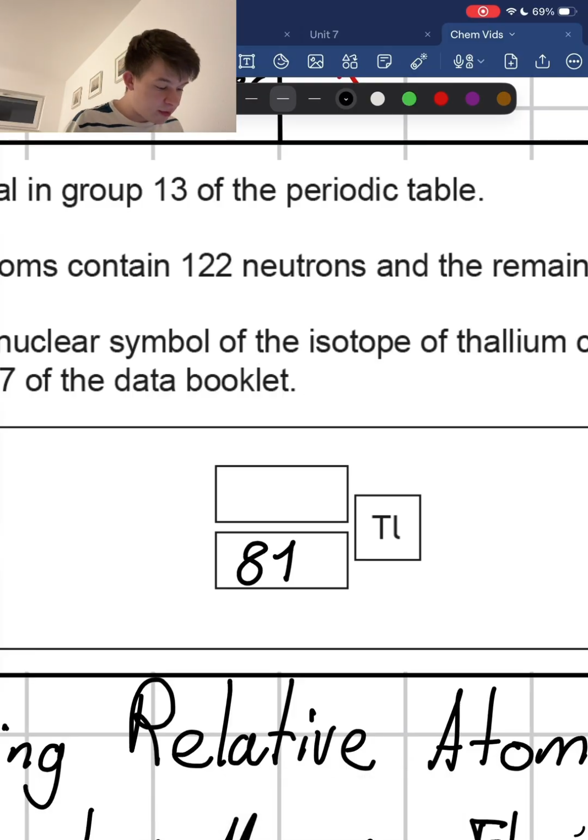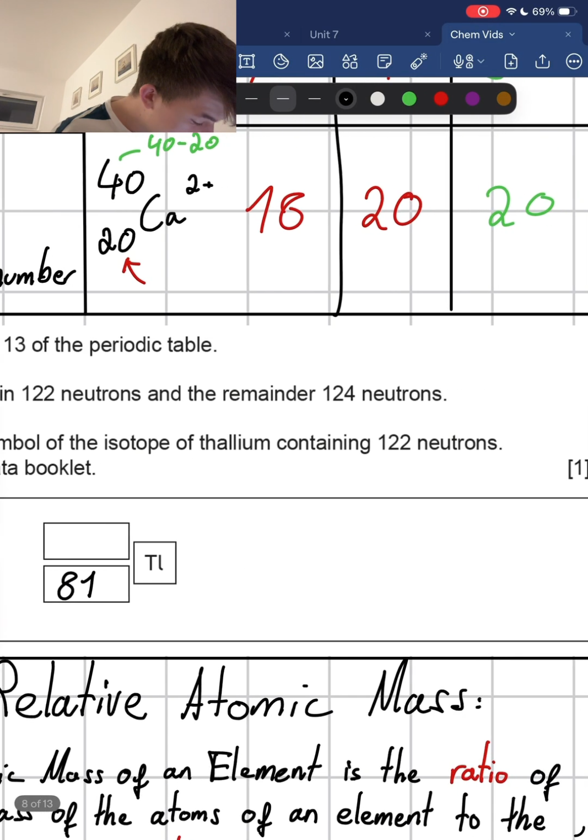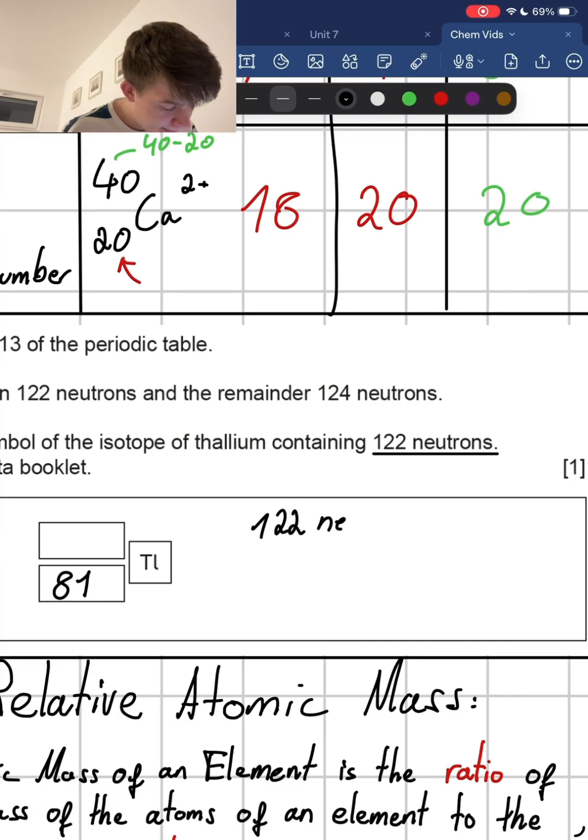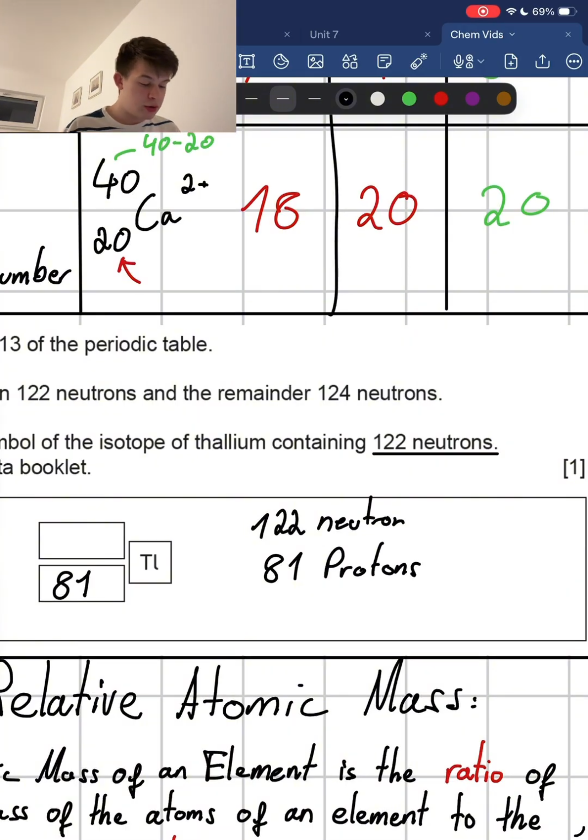Okay, what it also gave us, it has 122 neutrons. We know it has 81 protons. So from there, we do 122 plus 81, which will give us 203.